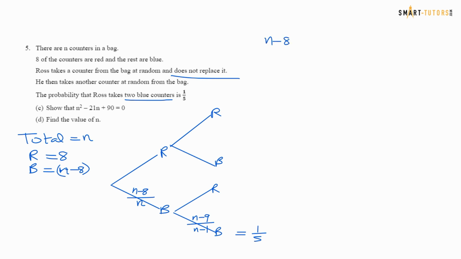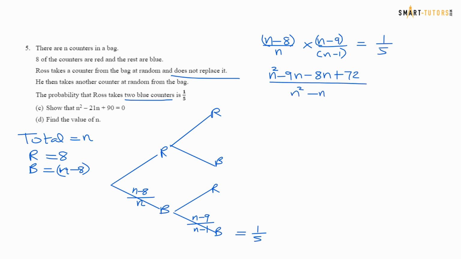N minus 8 over n times n minus 9 over n minus 1 equals 1 upon 5. So multiply together the top: n squared minus 9n minus 8n plus 72 over n squared minus n equals 1 upon 5.